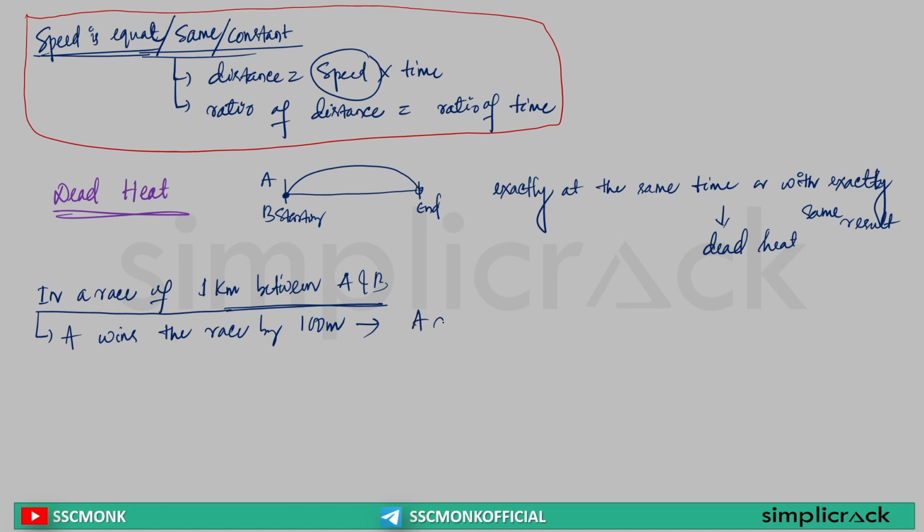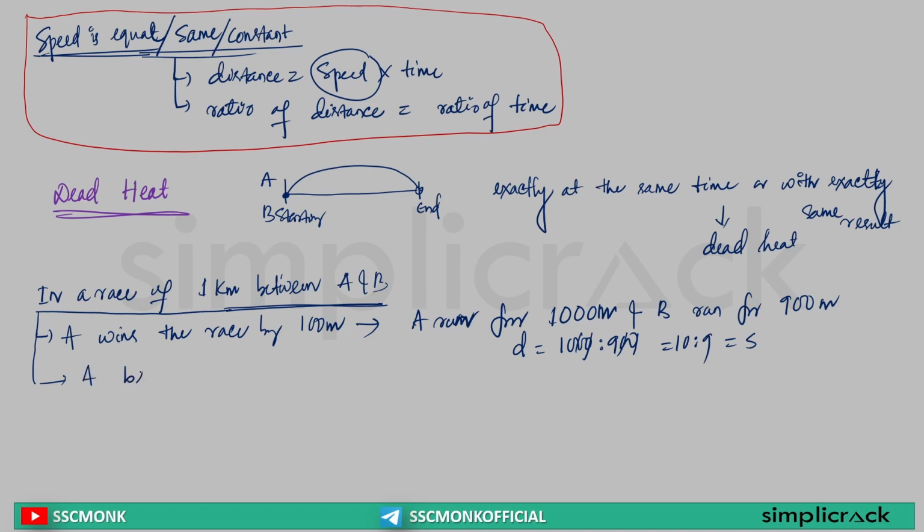That means A runs 1000 meter and B runs 900 meter. So the ratio of distance is 1000 to 900, crossing out the double zero, it can be written as 10 is to 9, and the ratio of speed will also be 10 is to 9. Yes, sorted.